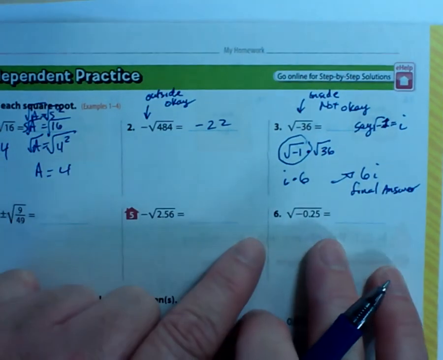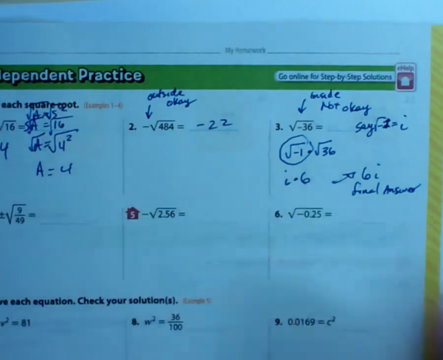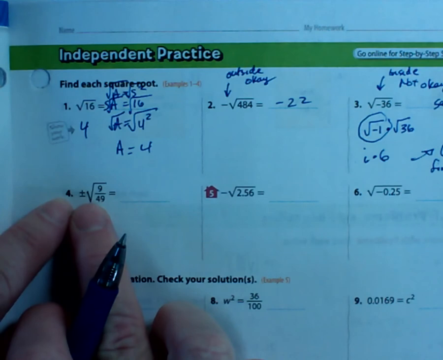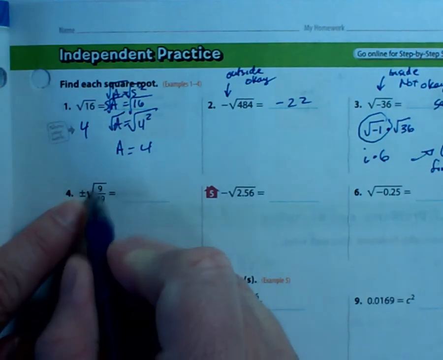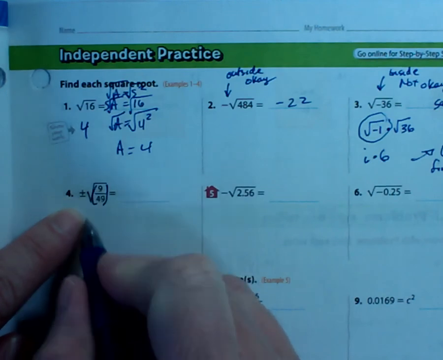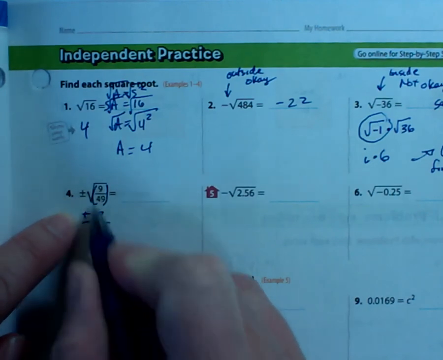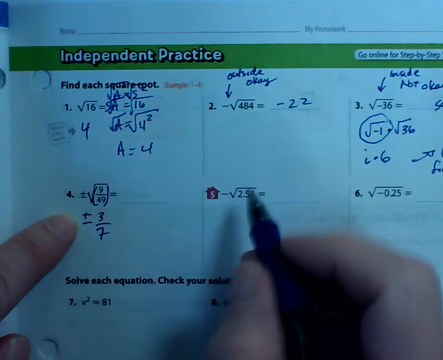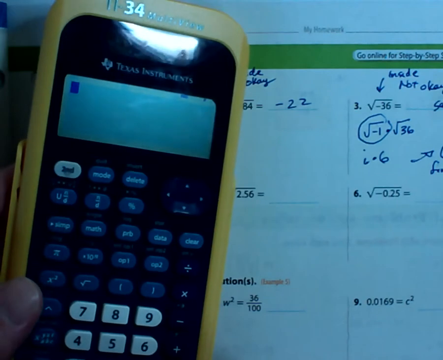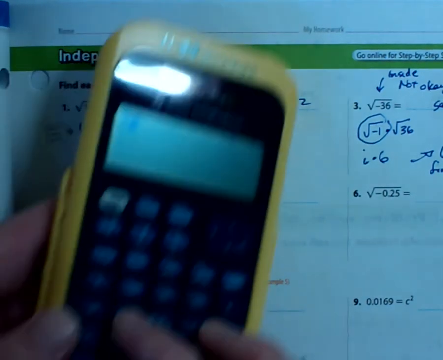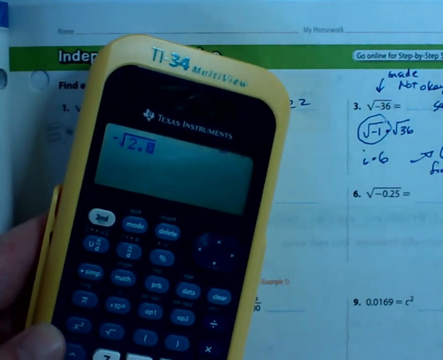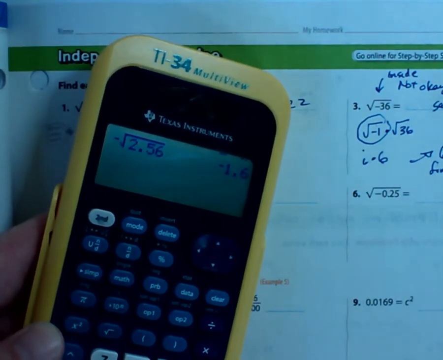So we have other problems like this one. Here, notice that all numbers should come out of the square root in both directions, positive and negative. This is the square root of the entire thing, so each is getting the square root. Square root of 9 is 3. Square root of 49 is 7. Then you get numbers like this, and you can just use your calculator. Negative square root of 2.56 is negative 1.6.